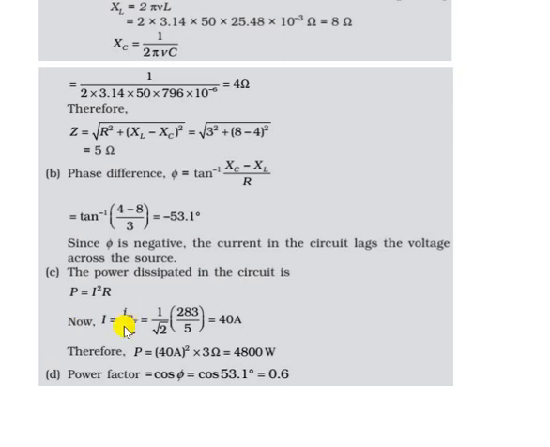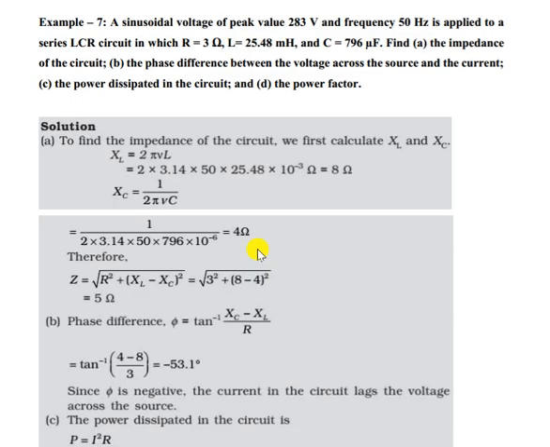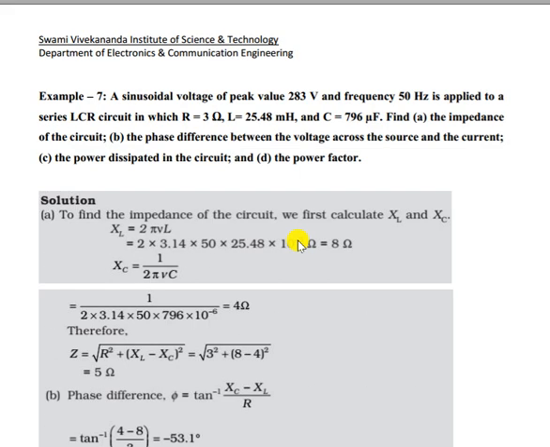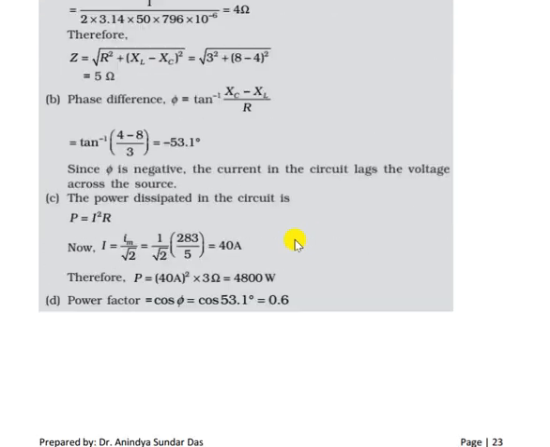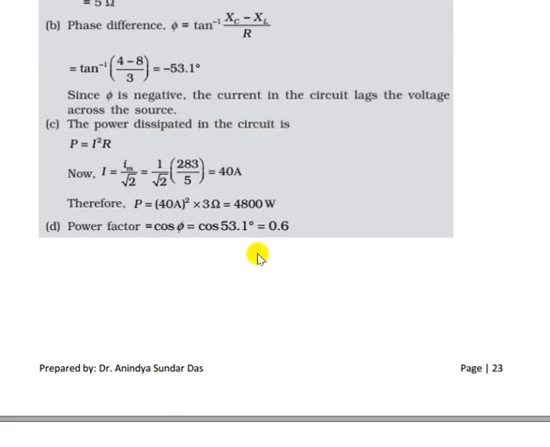Now I equal to Im by root 2, so we get the value of I. The value of R is known, so you can find the value of I. Therefore we can find P, and phi is known, so we put in the value. We get cos phi as 0.6.